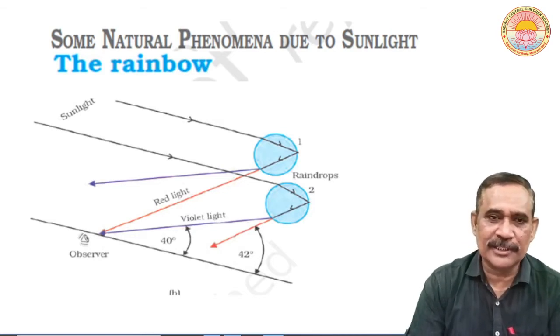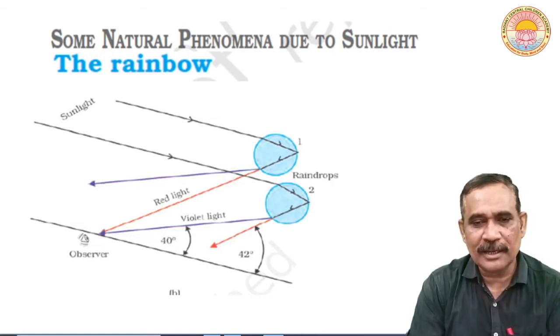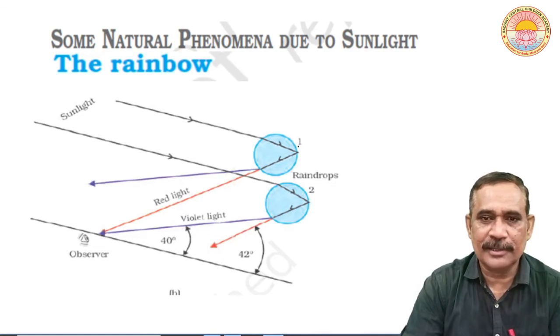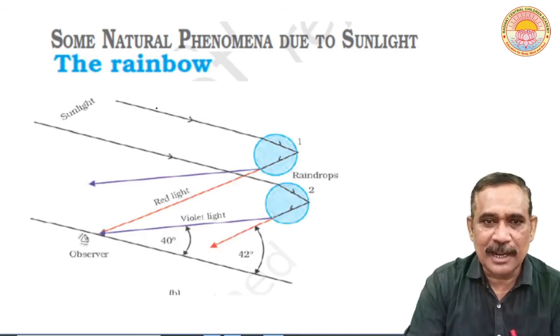So you see the first, the primary rainbow. The primary rainbow is formed due to single reflection and double refraction. Here these are water drops present in the atmosphere, and this is light. This light is incident from the sun.